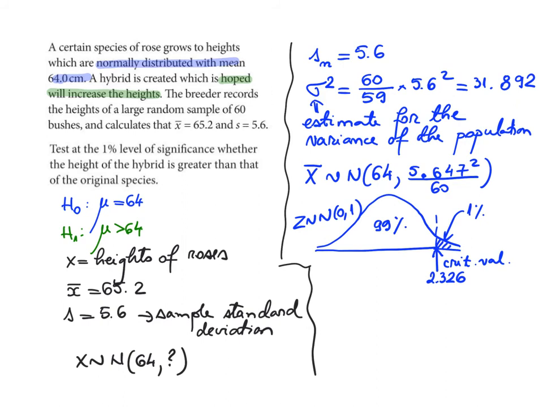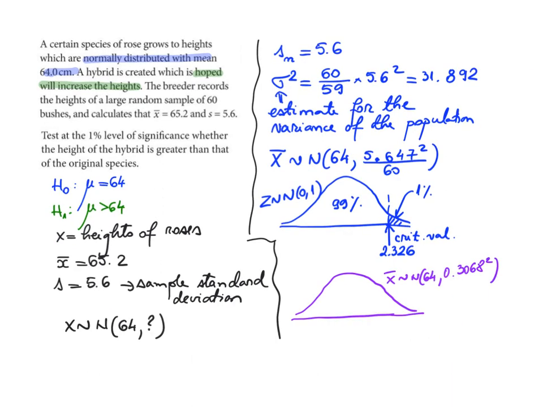Now what I work with are practically two distributions. So I have the sampling distribution of the means, x bar, the one above, normally distributed with 64 and 0.3068 squared. I just square root the variance of the sampling distribution of the mean.